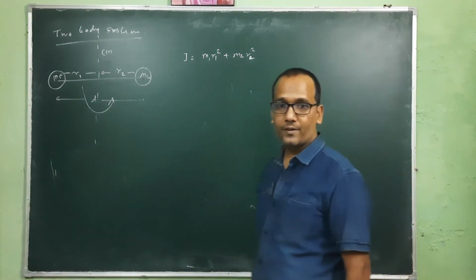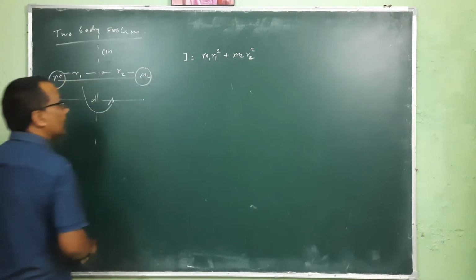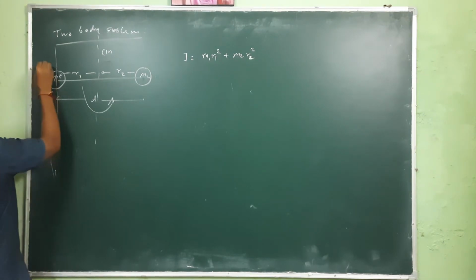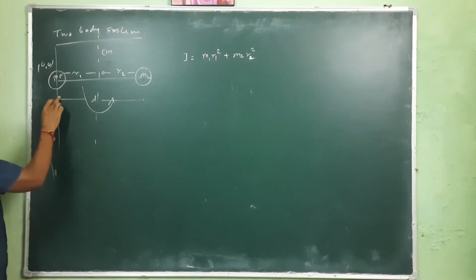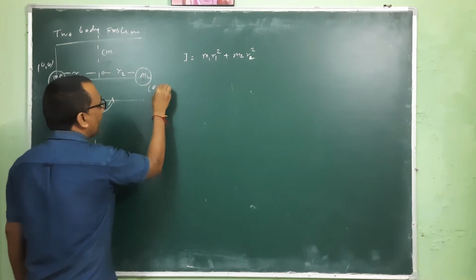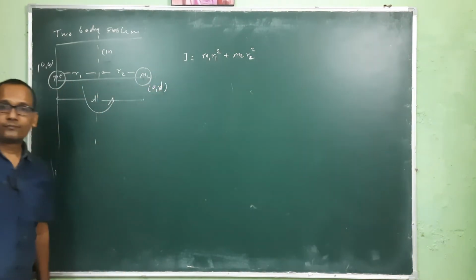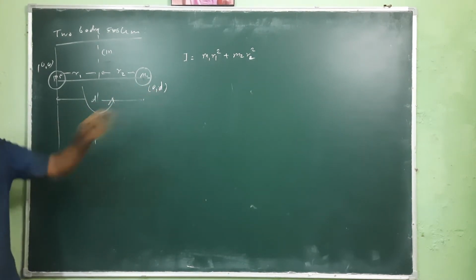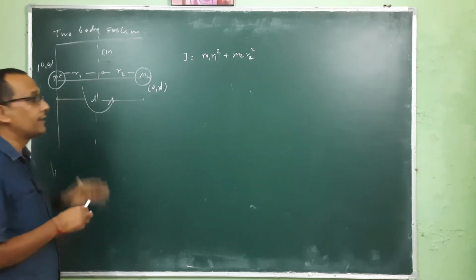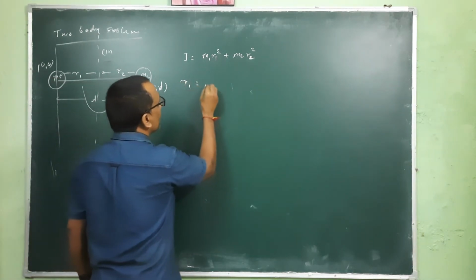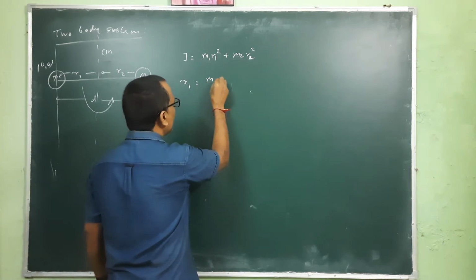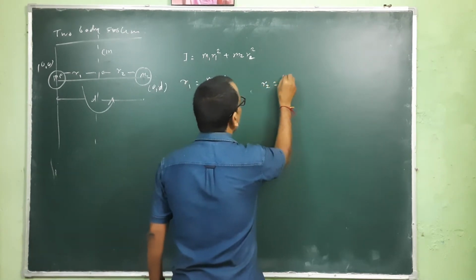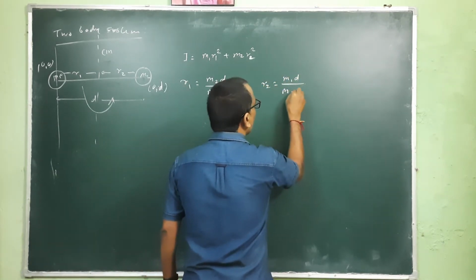And from the concept of center of mass, if we take this coordinate as 0, 0, at the origin, and this at 0x, 0d, then we have calculated r1 and r2. This distance and this distance: r1 is equal to m2d by m1 plus m2, and r2 is equal to m1d by m1 plus m2.